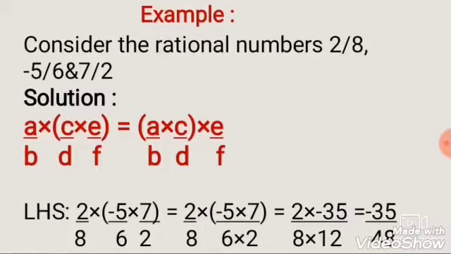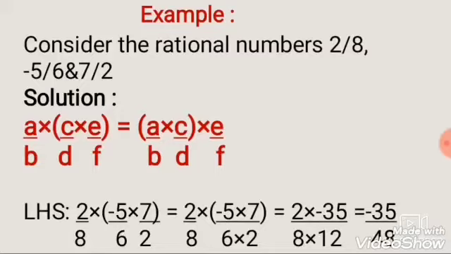Now I taken three rational numbers as 2 by 8, minus 5 by 6 and 7 by 2. First let me take the LHS. The LHS is 2 by 8 into minus 5 by 6 into 7 by 2. So when we multiply these terms we get 2 into minus 5 into 7 divided by 8 into 6 into 2.